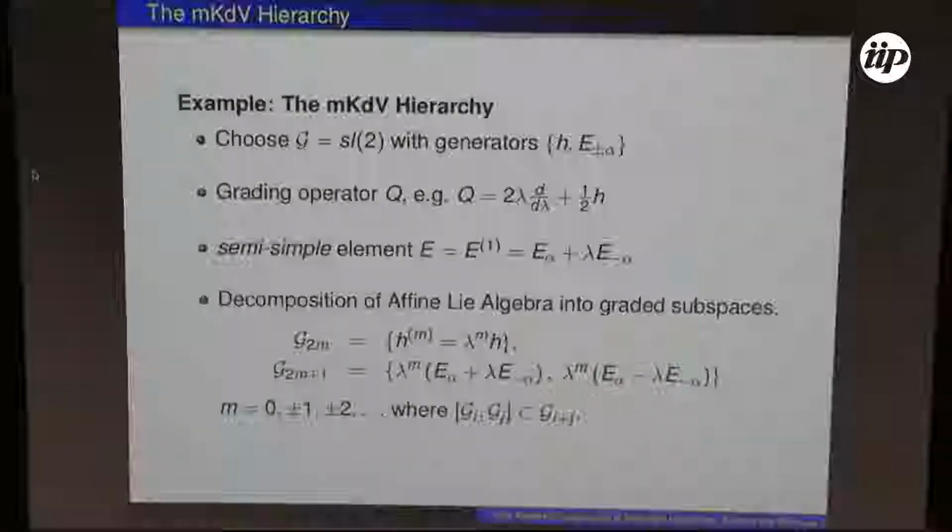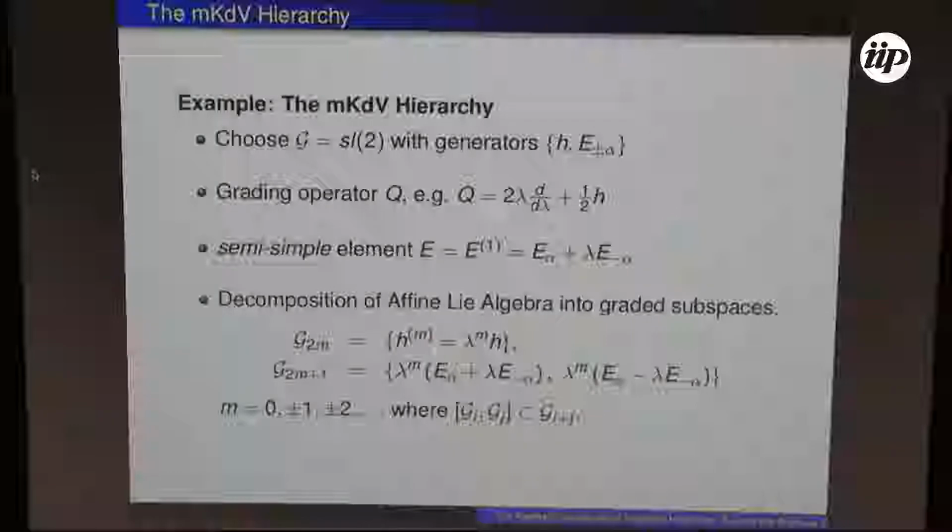And you see, it decomposes my infinite algebra into even and odd subspaces. As you can see, lambda d/d lambda is an operator that just counts the power of lambda. So you have a factor 2m, and h with h commutes, so it doesn't give any contribution. Then 2m plus 1: you have lambda to the m, so you have 2m, and then you have 1 alpha, because h commuting with E alpha gives 2 alpha, and then you have a factor of a half.